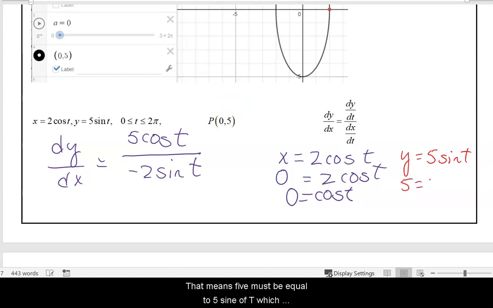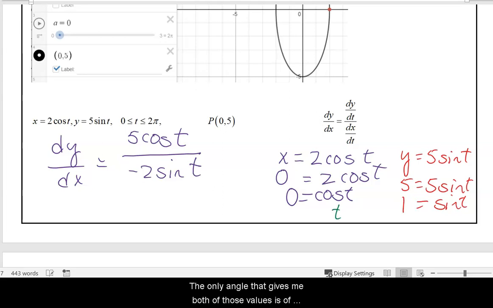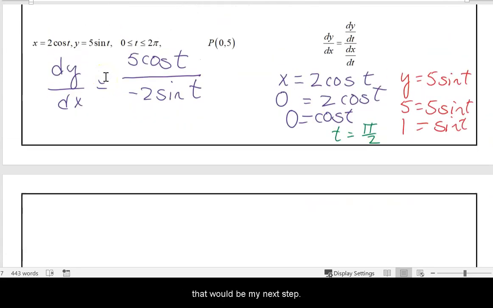That means 5 must be equal to 5 sine of t, which means the sine of t must be equal to 1. The only angle that gives me both of those values is, of course, t equal to pi divided by 2. If t is equal to pi divided by 2, then I will know what the value is. In that case, I can plug that into my derivative. That would be my next step.